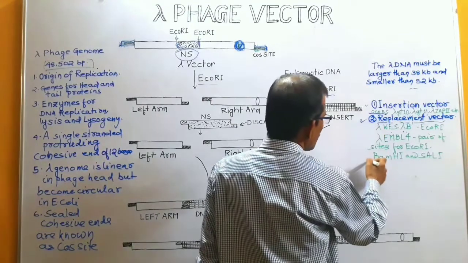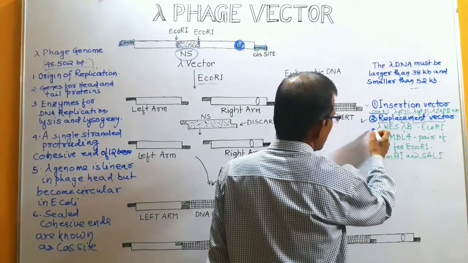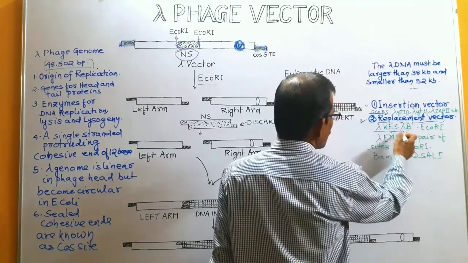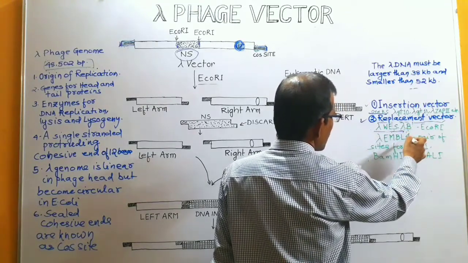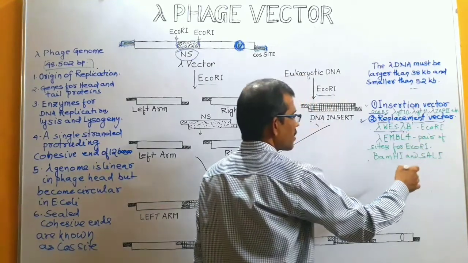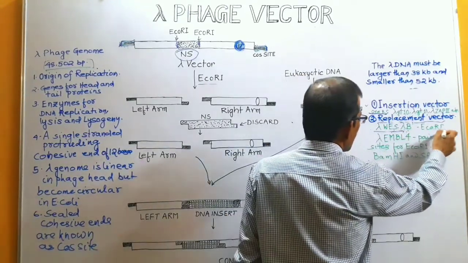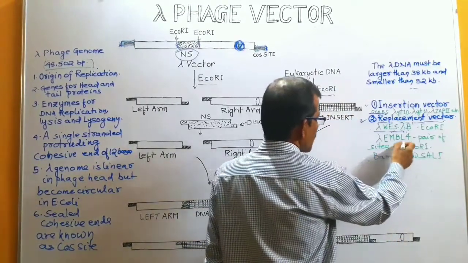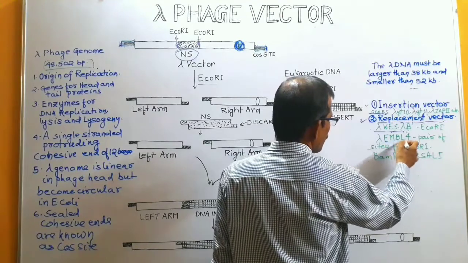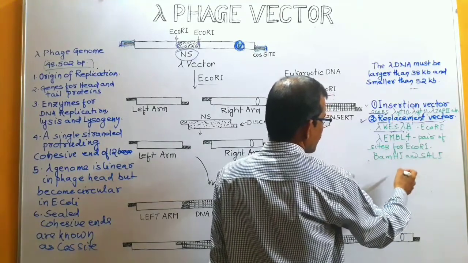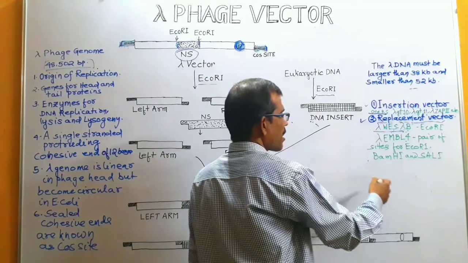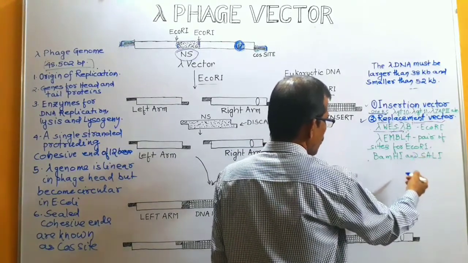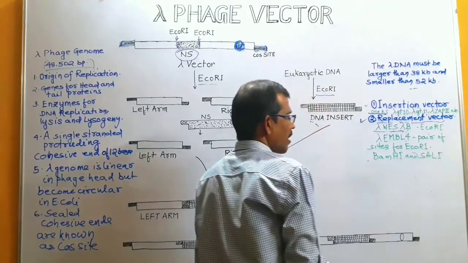These are examples of replacement vector, one is lambda WS, lambda B. This is a replacement vector in which the stuffer fragment is flanked by EcoR1 recognition sites. Whereas in the other replacement vector, lambda EMBL4, the stuffer fragment is flanked by a pair of restriction sites for various enzymes like EcoR1, BamH1 and SalI.